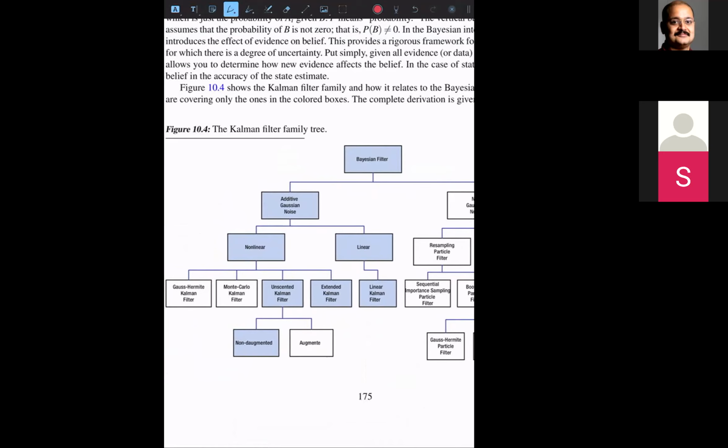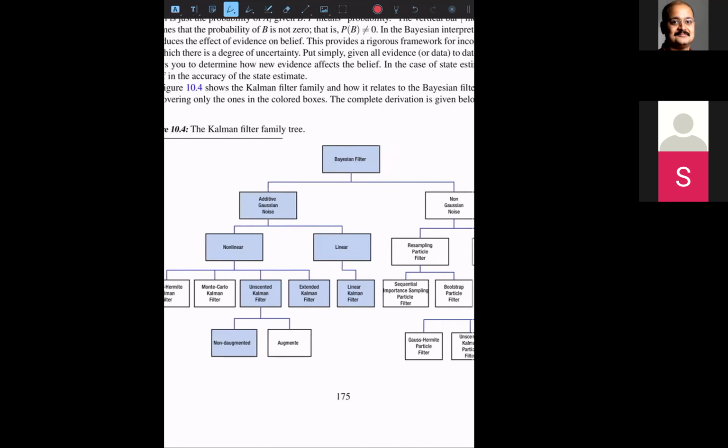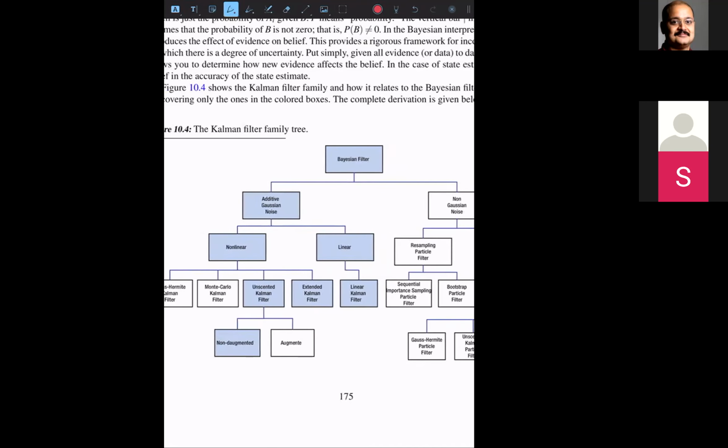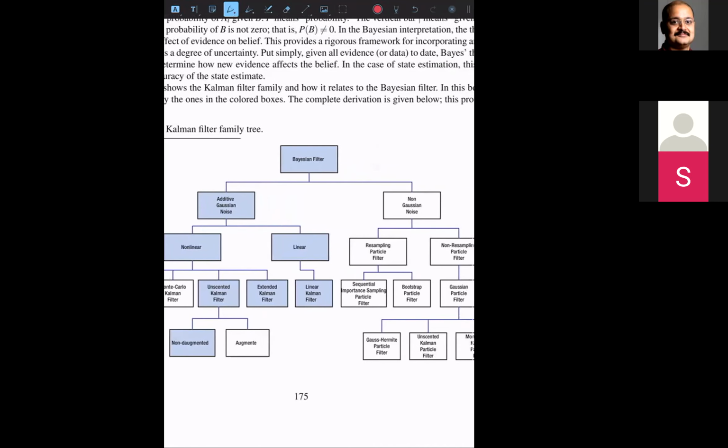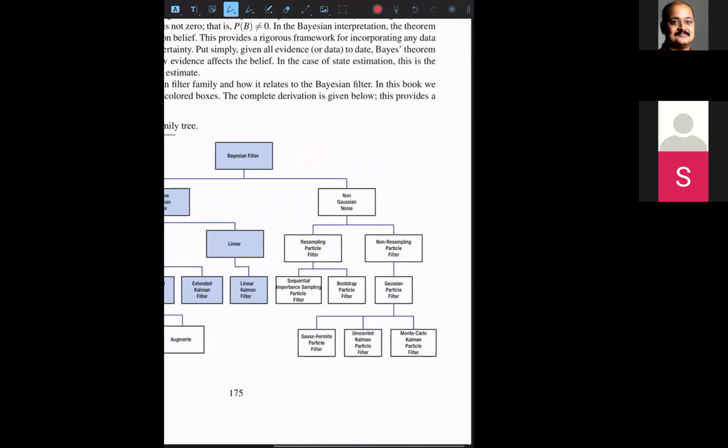Then depending upon the probabilistic nature, you can have a Gaussian process, or you could have a non-Gaussian process. Then you can have a Gauss-Hermite Kalman filter, Monte Carlo Kalman filter. If you have a nonlinear system, you have an unscented Kalman filter, you have an extended Kalman filter. So that comes under nonlinear. If you have a linear system, you have the linear Kalman filter.